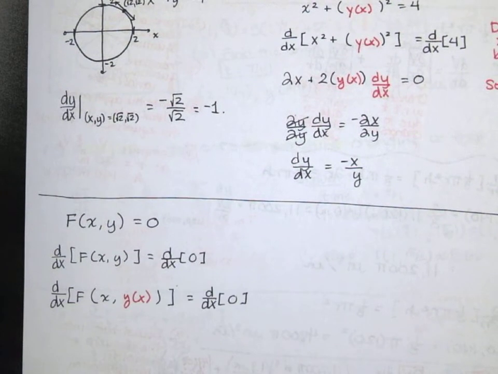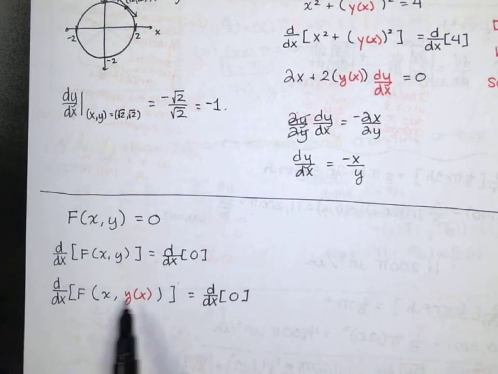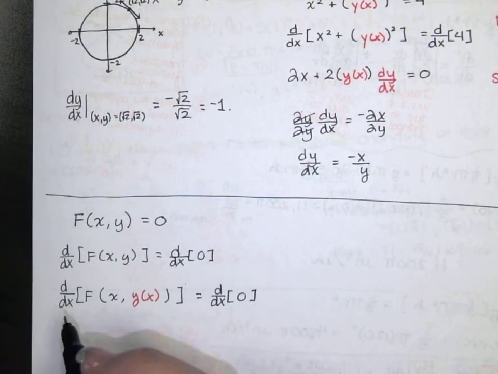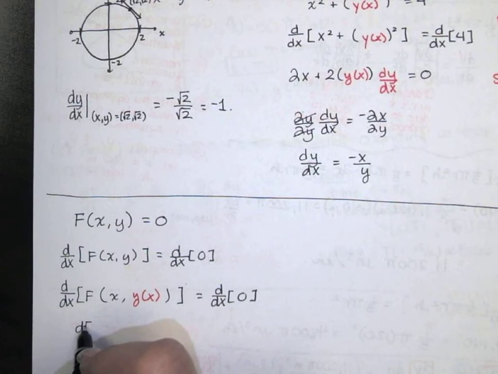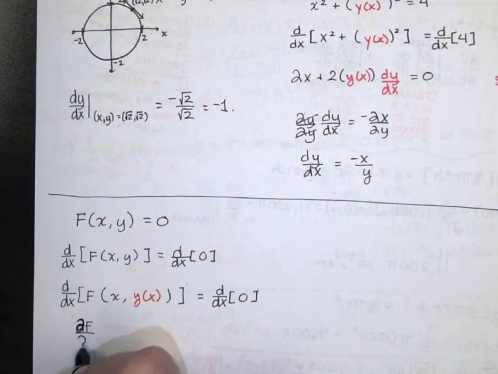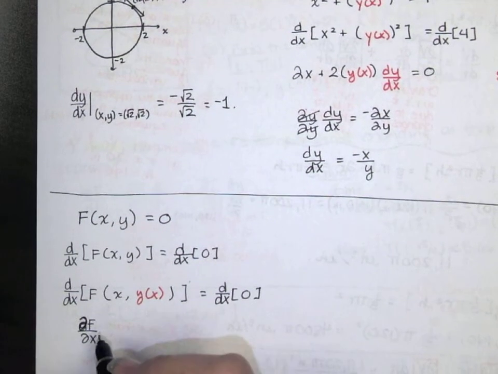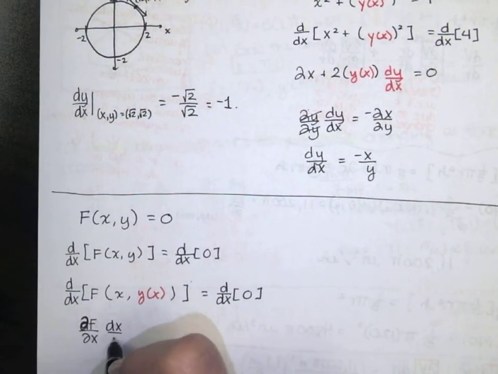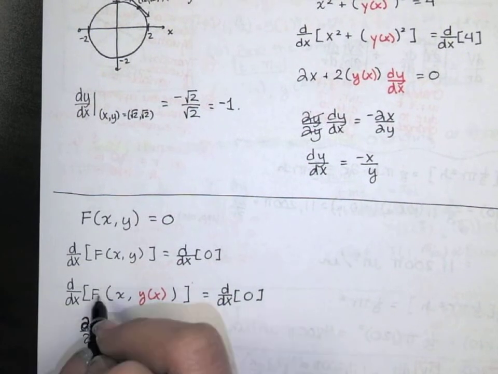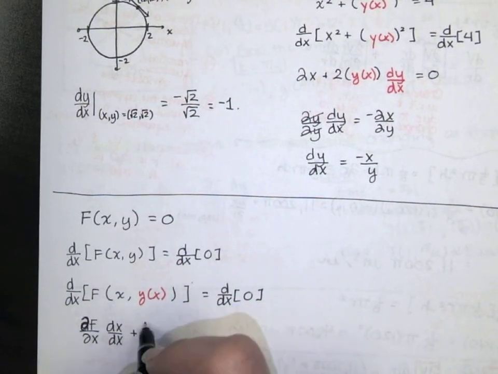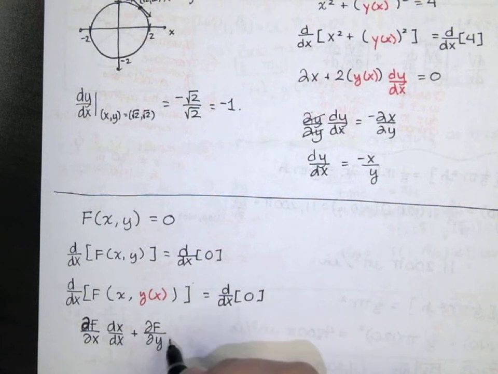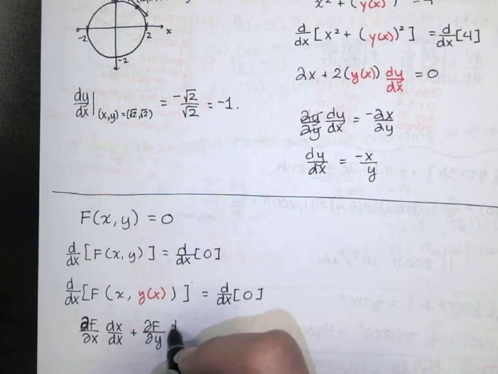Well, according to the chain rule, when I have a function of two variables like this, the derivative of that function of two variables with respect to x is the partial of that function with respect to the first variable, times the derivative of that variable with respect to this variable, plus the partial of this function with respect to the second variable, so that's y, times the derivative of that variable with respect to that variable.